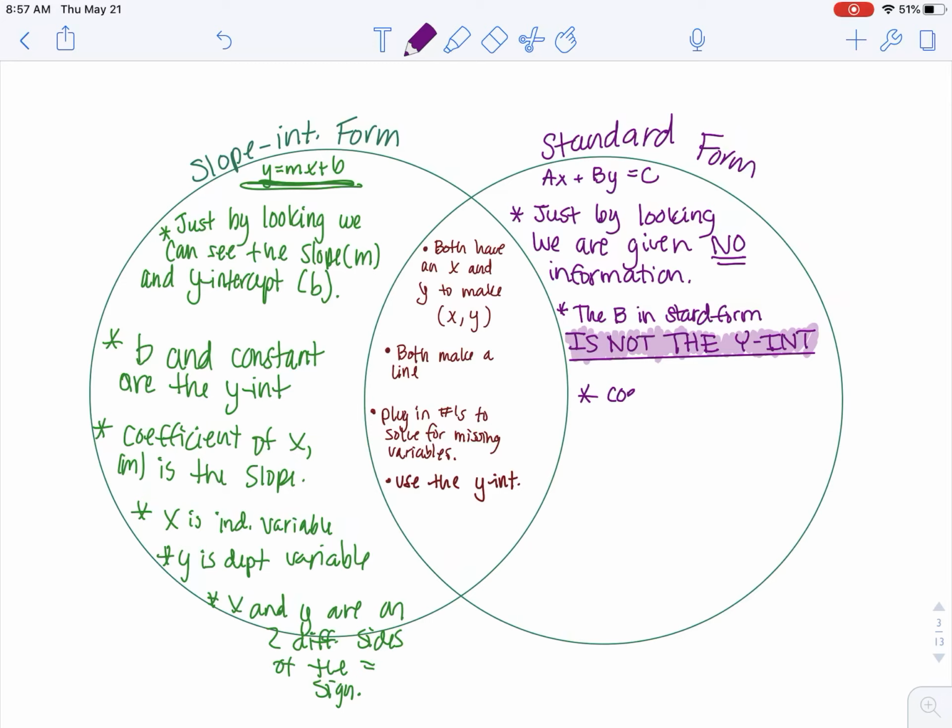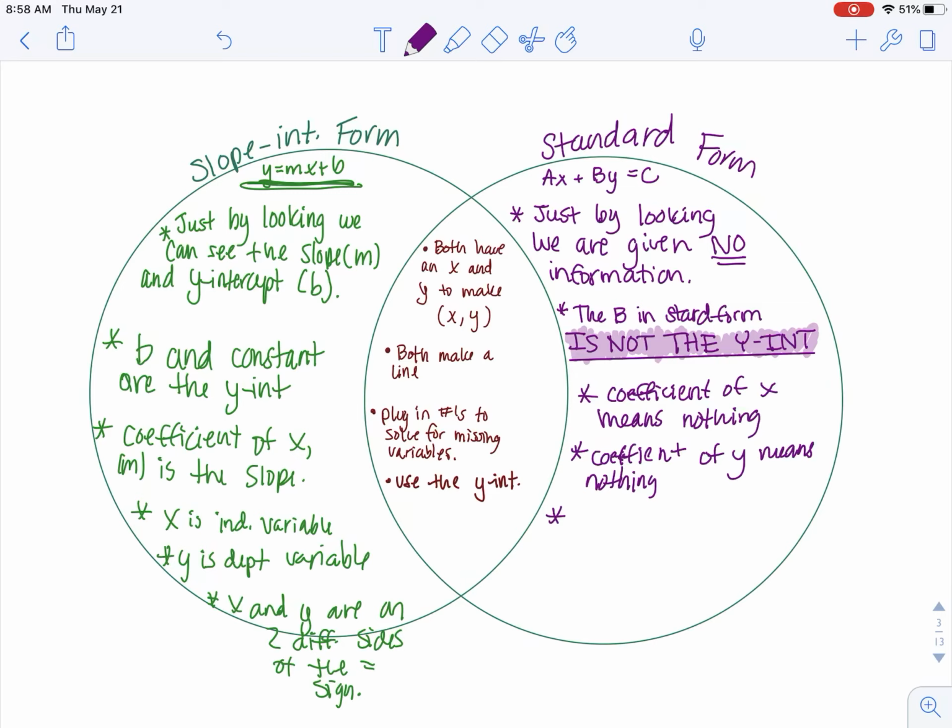Here we have the coefficient of x means nothing. The coefficient, well, it means something in the terms of an equation of a real-world context, but we're going to do that next class. We're not going to do that this class. The coefficient of y means nothing. And our x and y aren't necessarily dependent or independent.